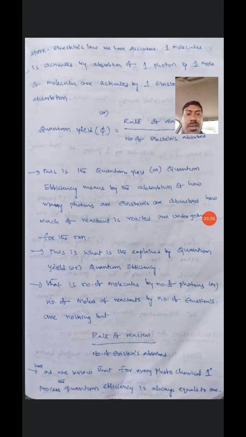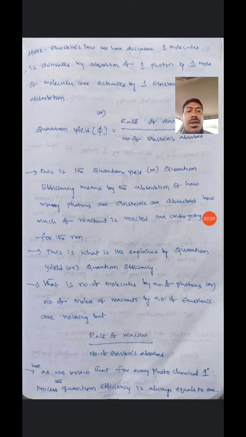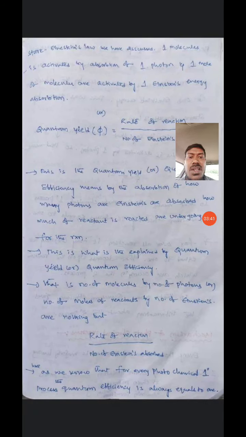Because in Stark-Einstein's law, as we have discussed, one molecule is activated by absorption of one photon, and one mole of molecules is activated by one Einstein of energy absorption.